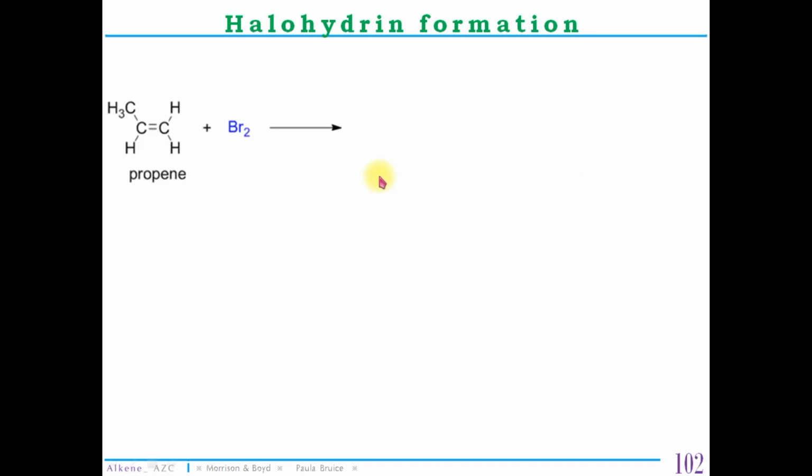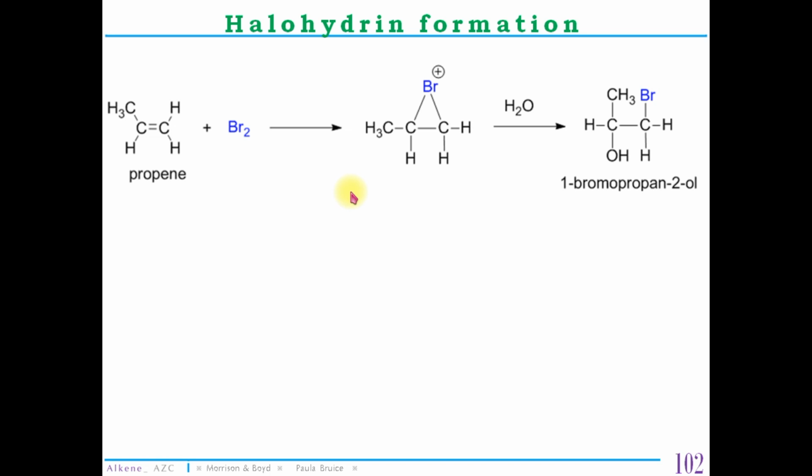Reaction of propene with bromine gives a bromonium intermediate, which reacts with water and gives 1-bromopropan-2-ol. Here there are two possibilities: water may add to the second carbon, giving this product, or if water adds to this other carbon, the product is different.